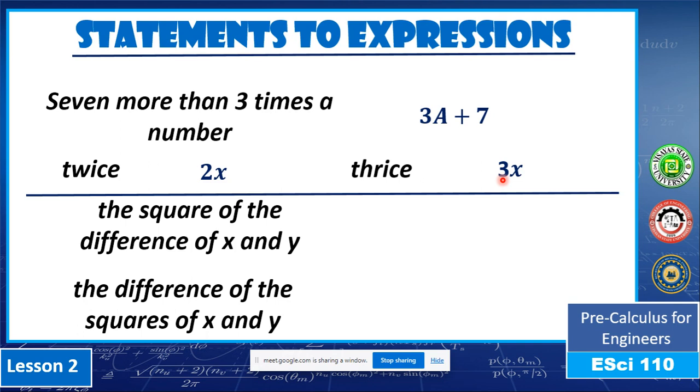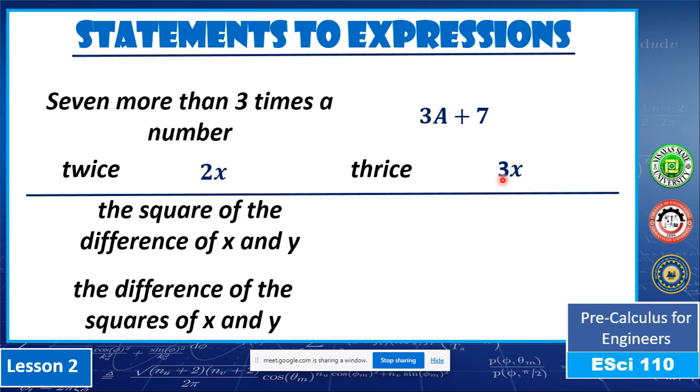The last statement we will discuss is the one students often get confused by: what is the difference between the square of the difference of x and y, and the difference of the squares of x and y?